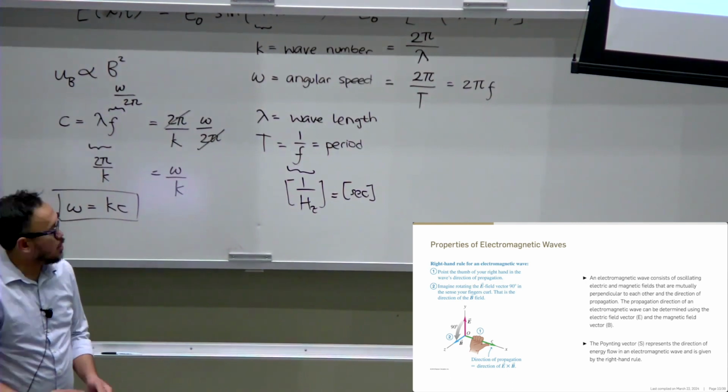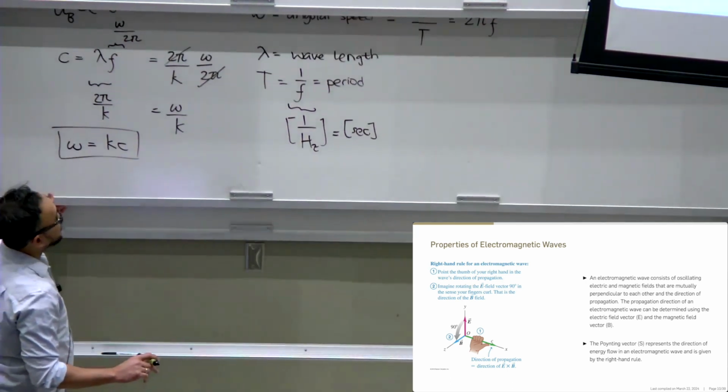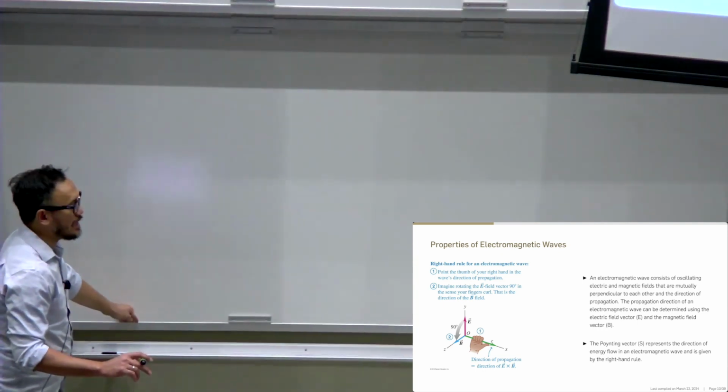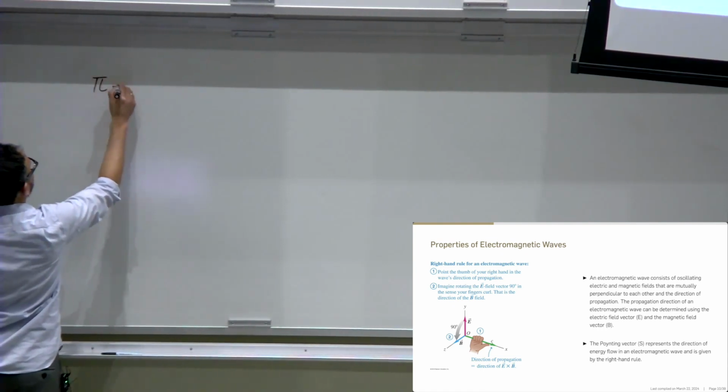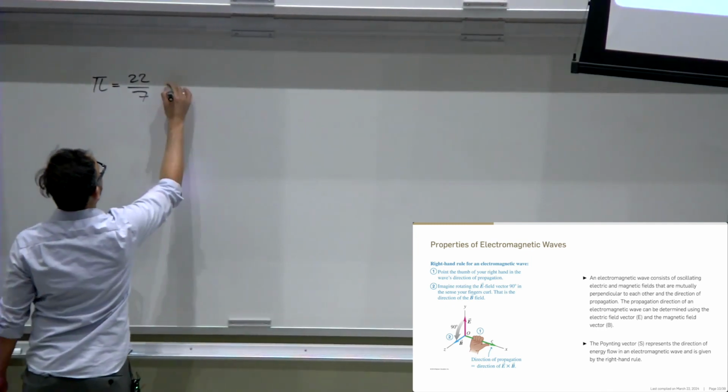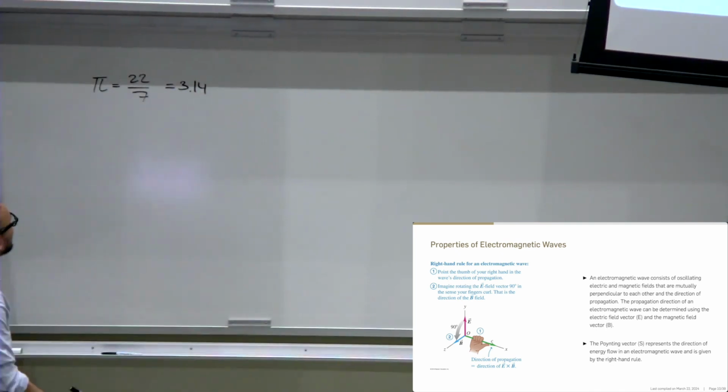One thing I want to make sure of before we continue is that you are familiar with what 2 pi is. You know what pi is, right? 3.14. I think the older you are, people use 3.14. For this type of calculation, we use a different unit of angle.